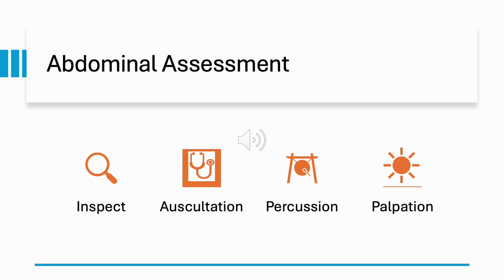If they're passing flatus, they won't need an NG tube, but if they don't have bowel sounds and they do have a paralytic ileus, they will need an NG tube. Percussion, because of pancreatic ascites, percussion sound will be dull. And in terms of palpation, remember nurses only do light palpation, but the patient's abdomen may be rigid and very tender and guarding, so they may have peritonitis.